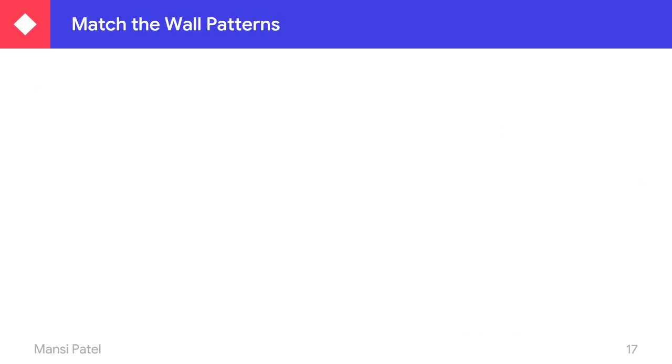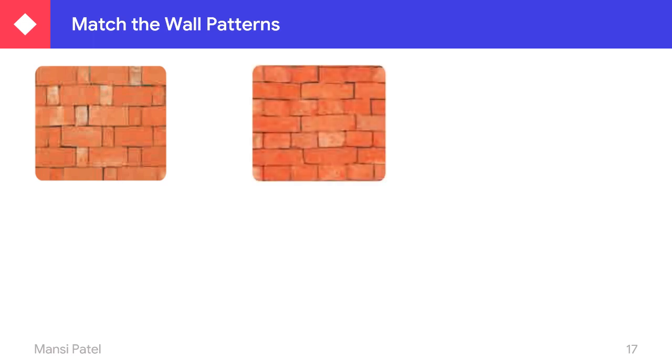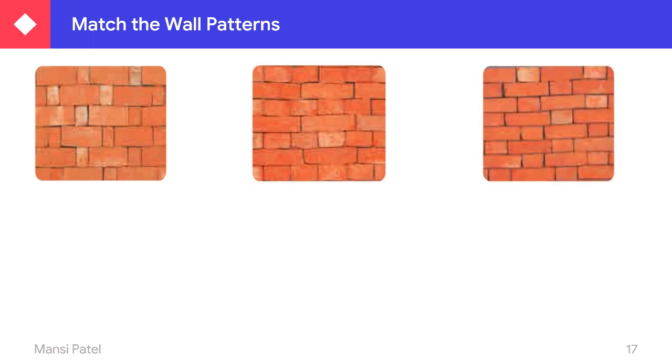Match the wall patterns. In this I am giving bricks to you and below the bricks I am giving some patterns, and you have to just match them. How do you have to match them? Let us see. First, walls. This is the first wall, then second, third.